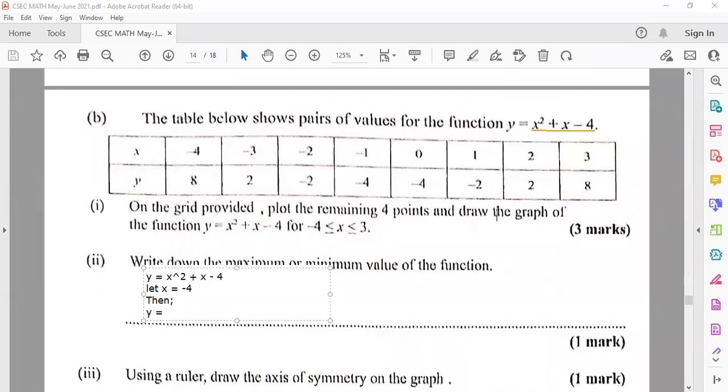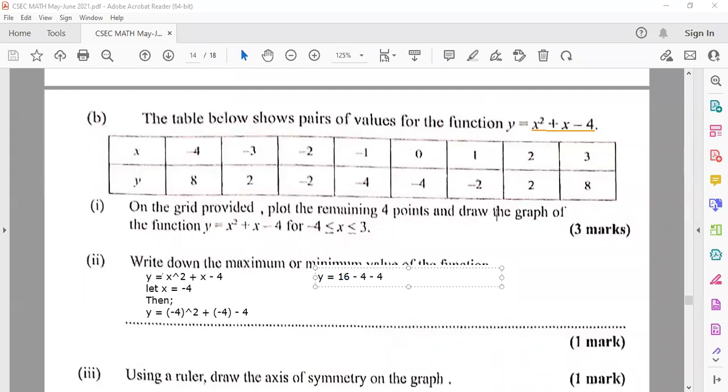Then y would be equal to -4 squared plus -4 minus 4, because x is equal to -4. So -4 squared is -4 times -4, that's equal to 16, plus -4, that's minus 4, minus 4 more.